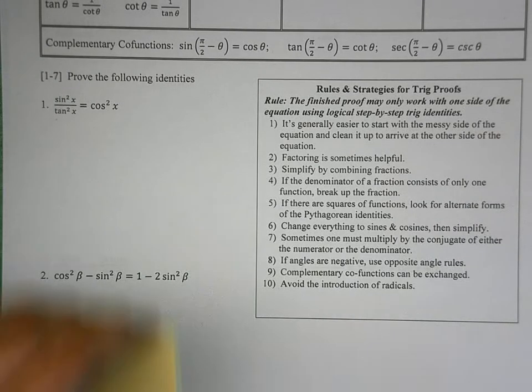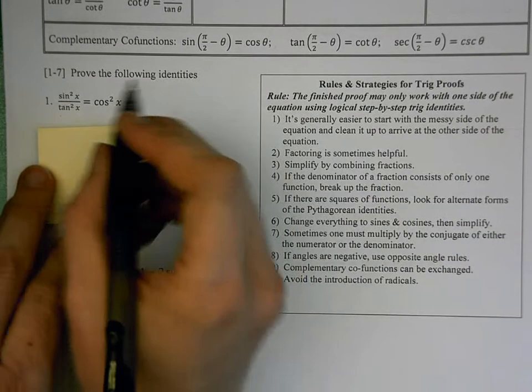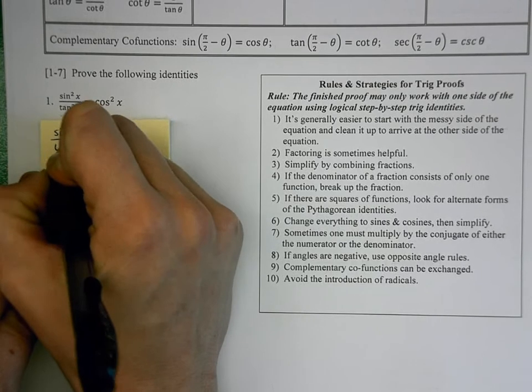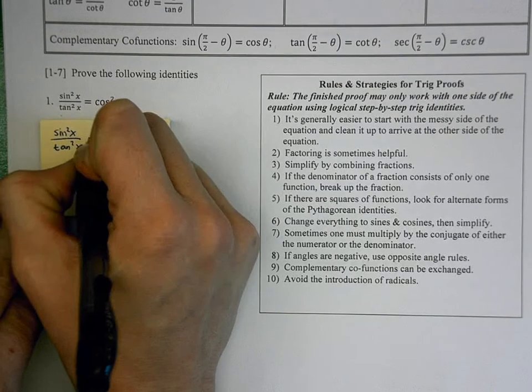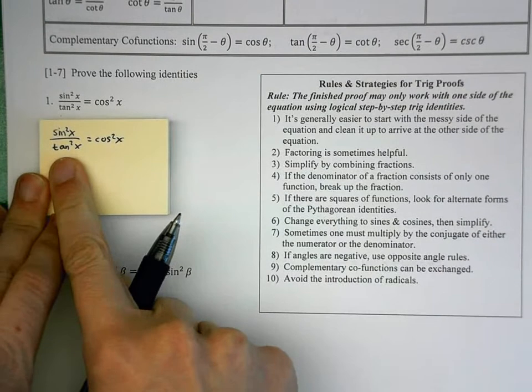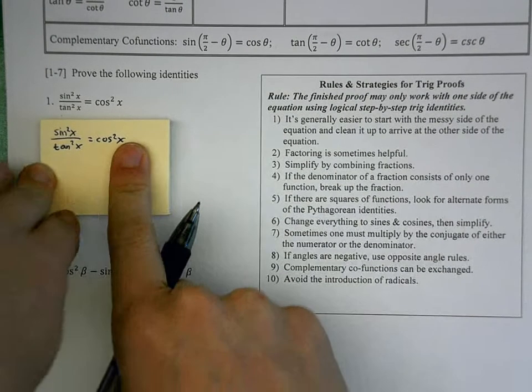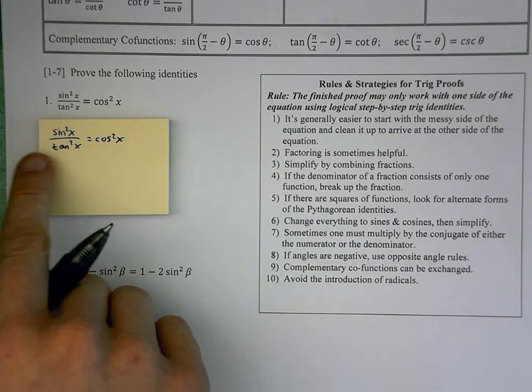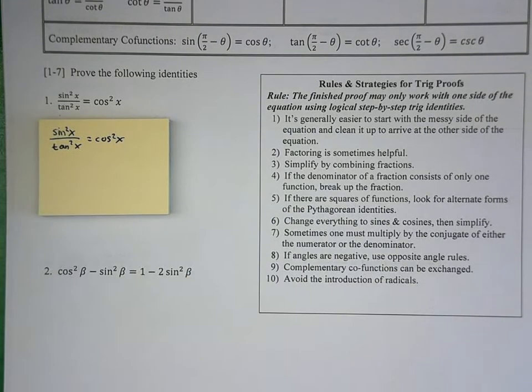But what I cannot do is take anything that is on the left, so either this sine squared or this tangent squared, and somehow move it to the right. So it's going to be tempting sometimes to say, like, oh, what if I multiply tangent squared x over? Nope, you can't do that. Or maybe we have something added over here and we go, oh, what if I subtracted it to the other side? Nope, you can't do that.